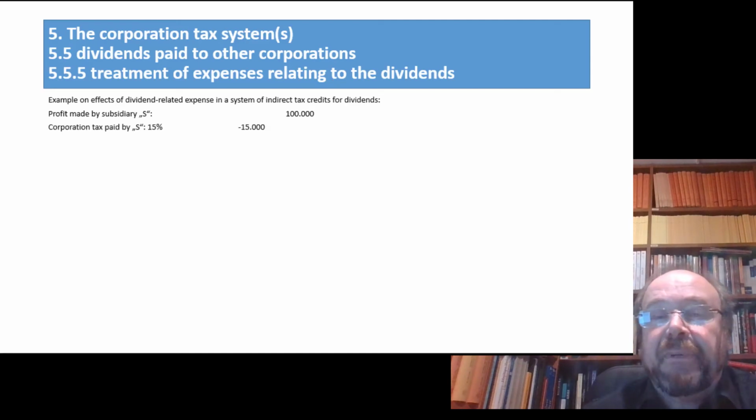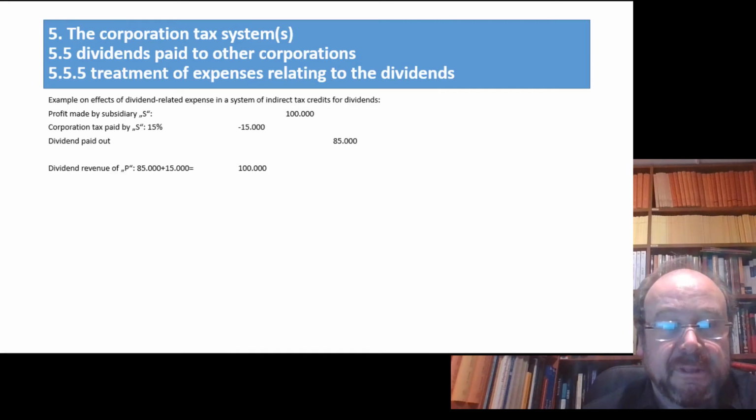The profit made by S is 100,000. They pay 15,000. They can pay out a dividend of 85,000. You already know that example. P now has a dividend revenue of 85,000, plus the tax credit for the dividend, 15,000, the underlying tax paid by S. So we end up again with 100,000.